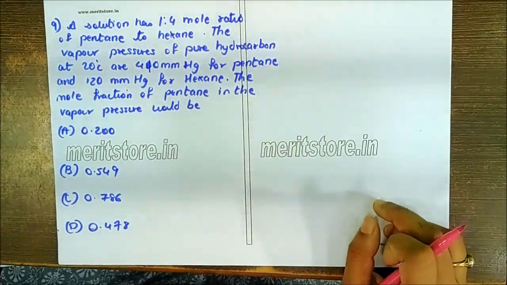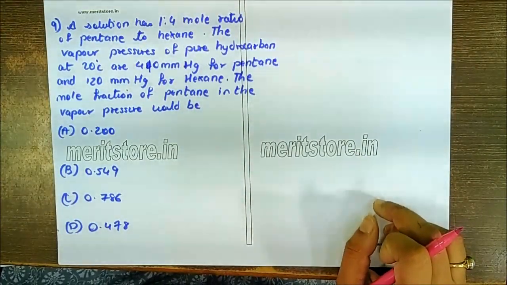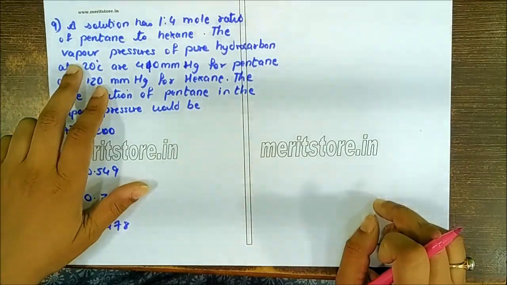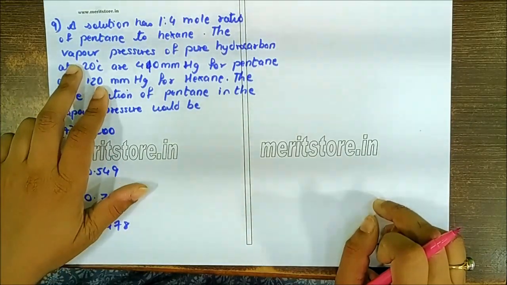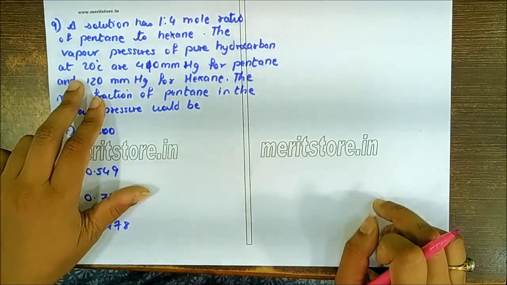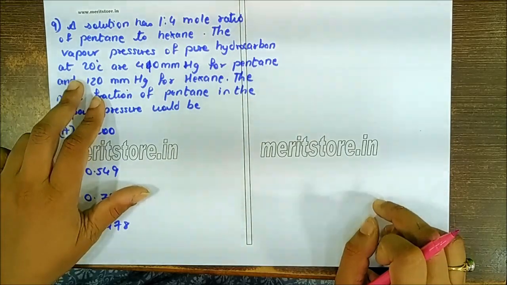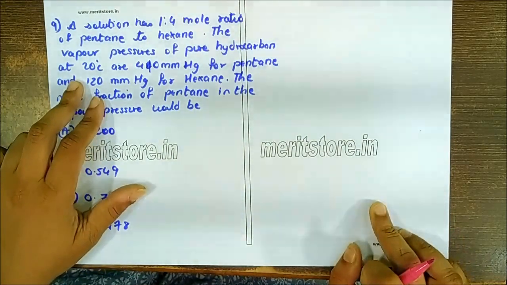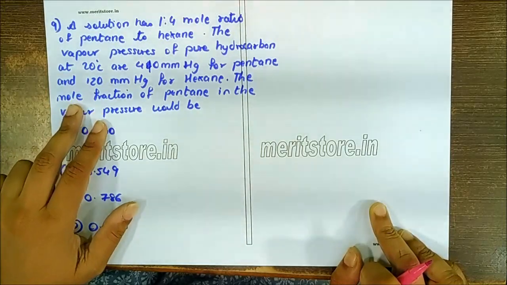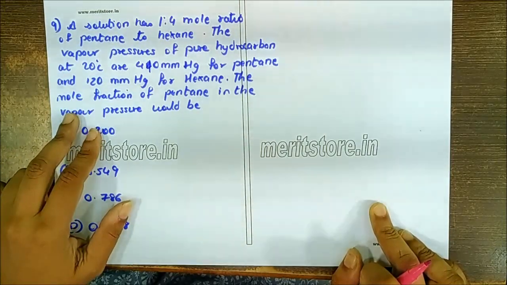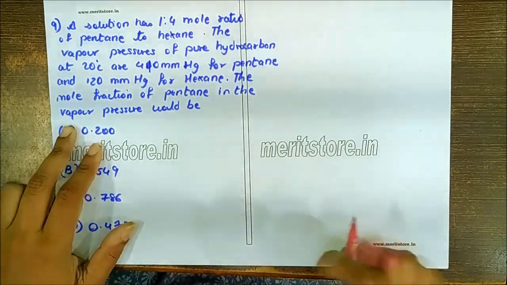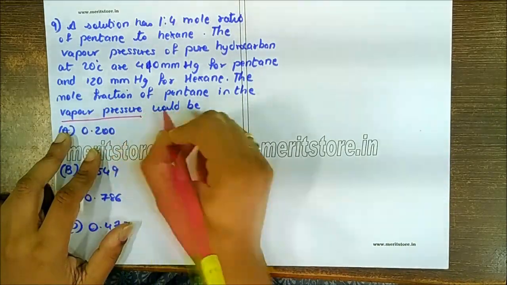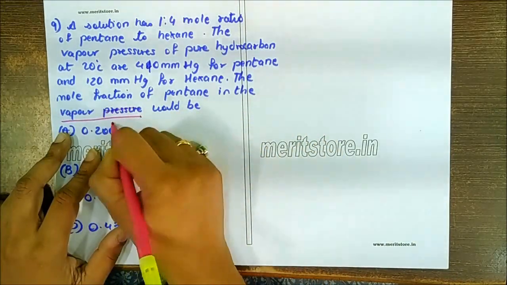Question number 9: a solution has a 1:4 mole ratio of pentane to hexane. The vapor pressures of the pure hydrocarbons at 20 degrees Celsius are 440 mm of mercury for pentane and 120 mm of mercury for hexane. We have to calculate the mole fraction of pentane in the vapor phase.